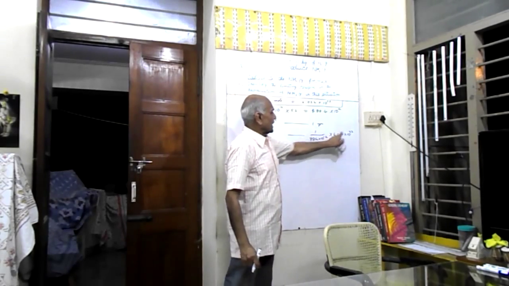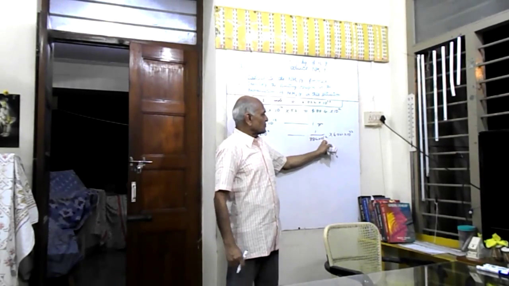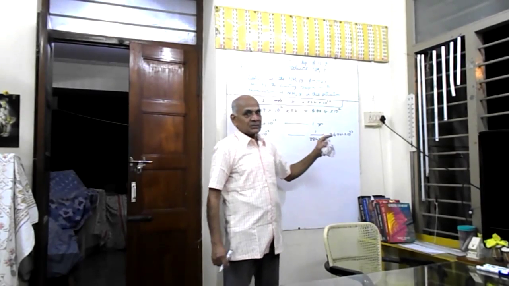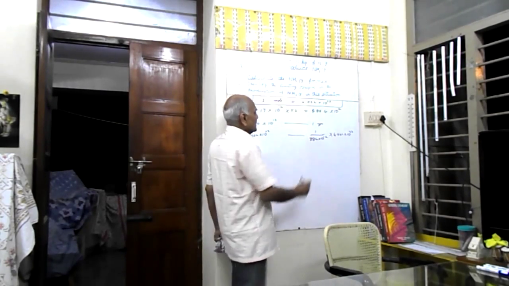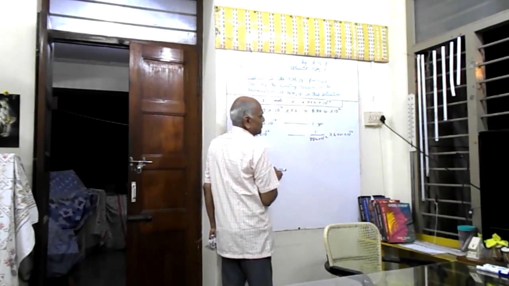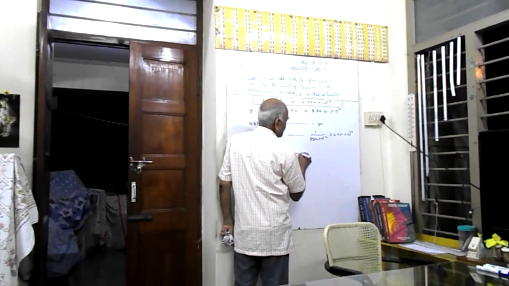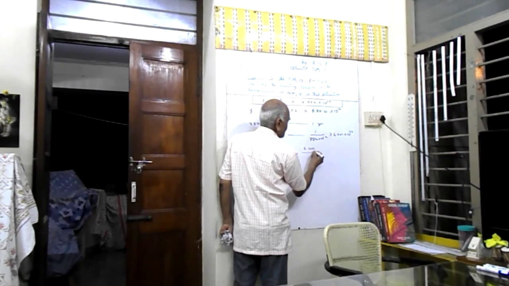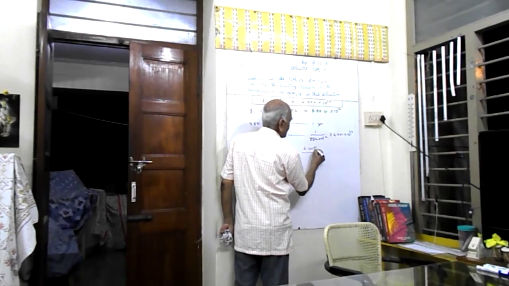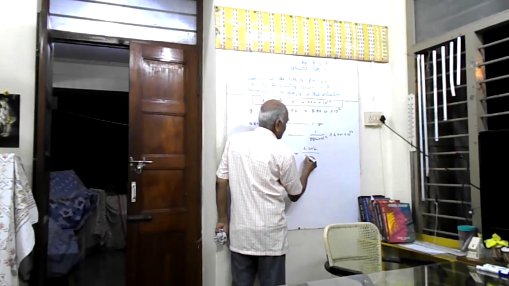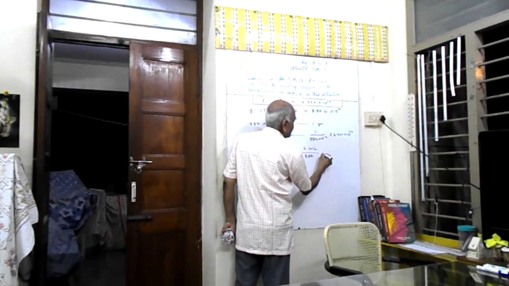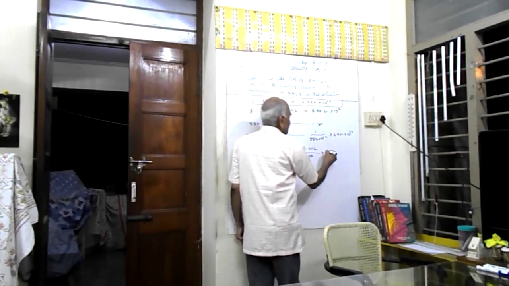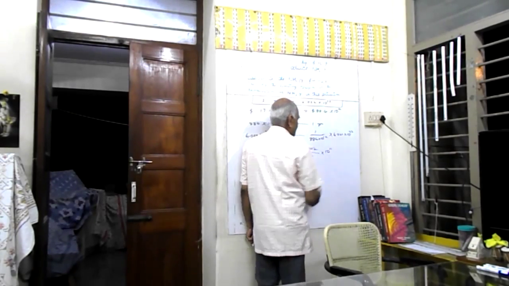Now this we can handle very easily. Here 10 to the power of 12, 10 raised to the power of 23. If we cancel, it will become 10 raised to the power of 11 in the numerator. But this gives us a problem: 6.022 by 884 times 10 raised to the power of 11.